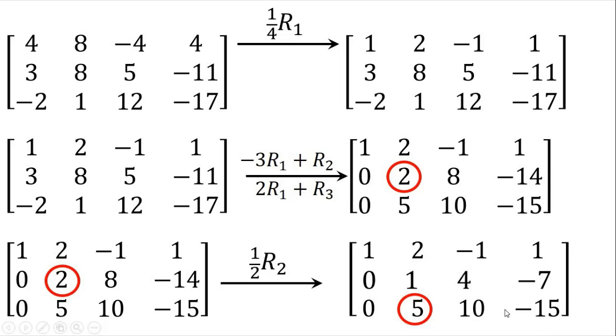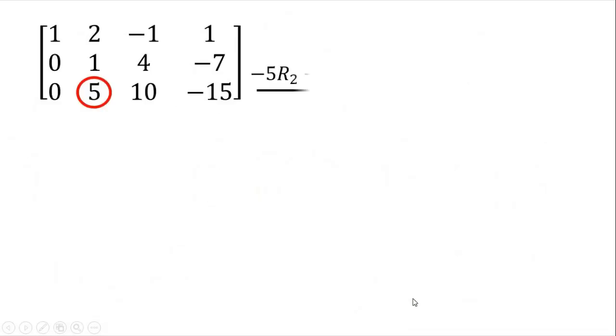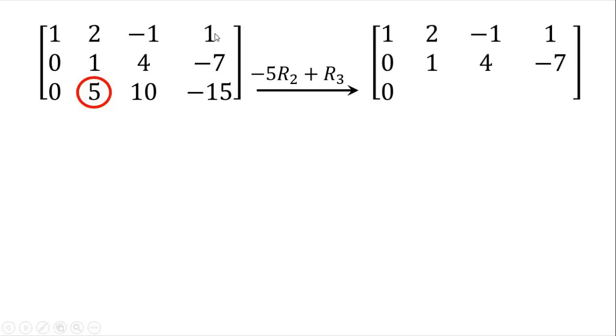After that, what we want to do is to make the entry below 1 a 0. To do that, we can multiply negative 5 to row number 2 and then add to R3. So we copy rows 1 and 2. For the first entry of the third row, we have negative 5 times 0, that's 0 plus 0, that's why I still have a 0 here.